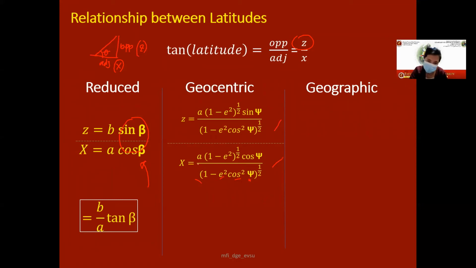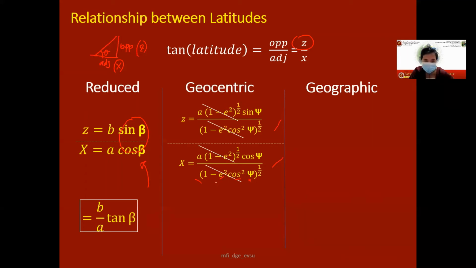Yes. So what's common? We have similar denominators, which means we can cross out this one and this other one. What else? We also have 1 minus e squared, so we can delete that and this one also. So what would be the remaining?